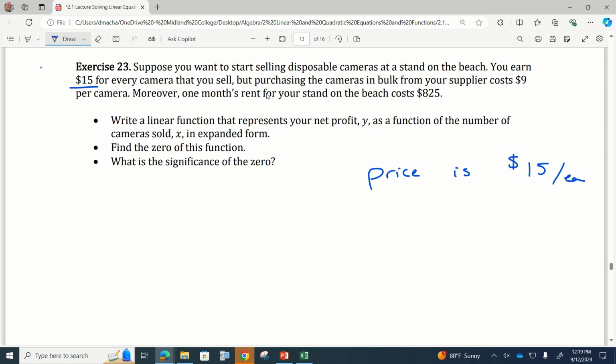So your supplier is selling these to you for $9 each. In addition, if you're also going to have a stand on the beach where you operate, you've got to pay rent. So let's say rent is $825.